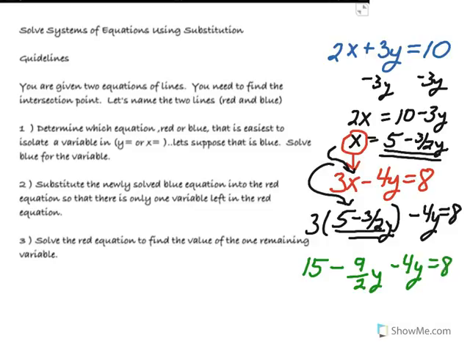Then we're going to collect like terms, which would be the 9/2 and the 4. When we add the 9/2 and the 4, which could also be written as 8/2, we get 17/2.